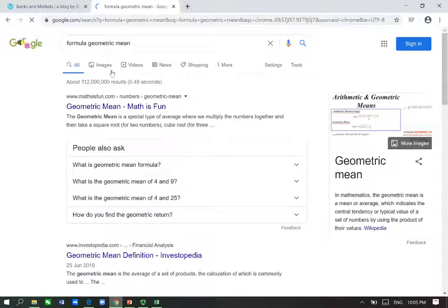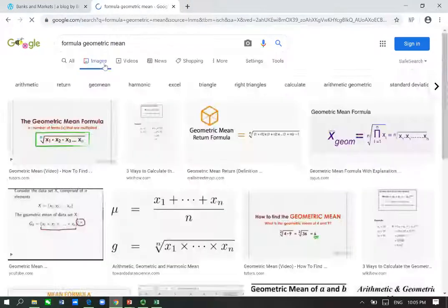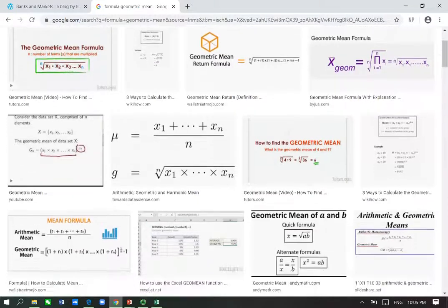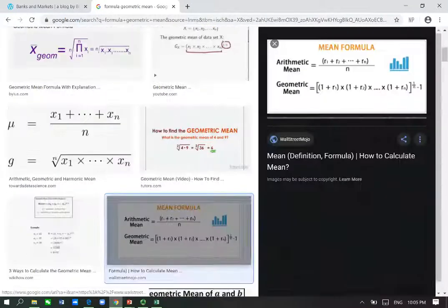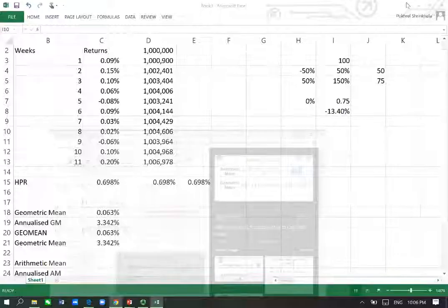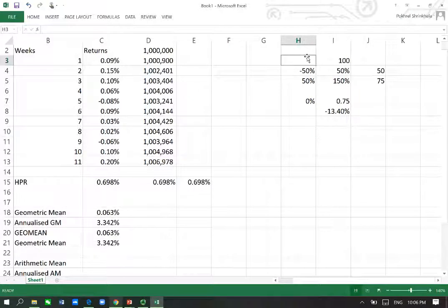We should find something in the image, and if there's a comparison of geometric and arithmetic, that's the one. We can see, so that's the one. Arithmetic mean, additive, geometric mean, multiplicative.